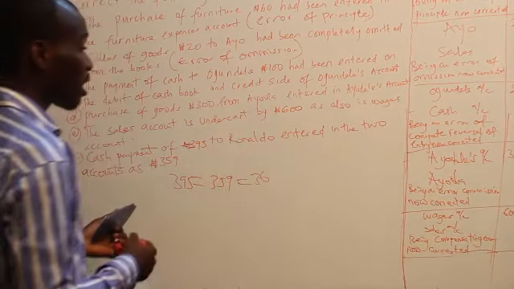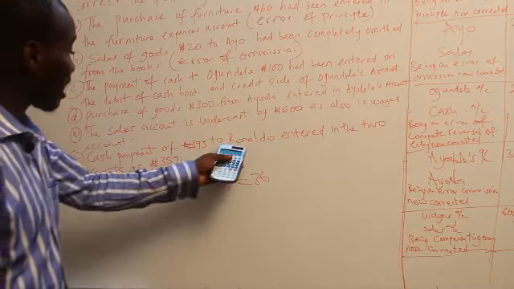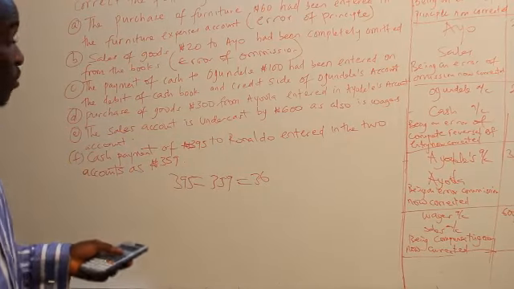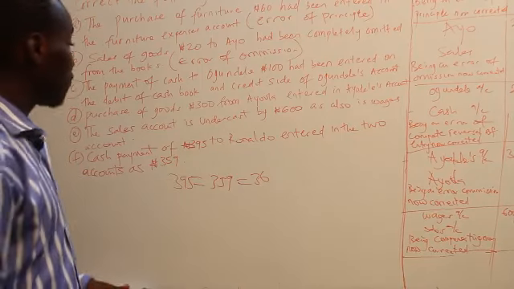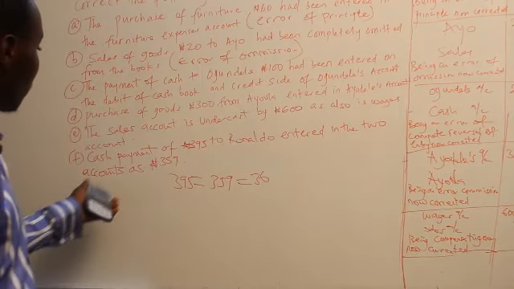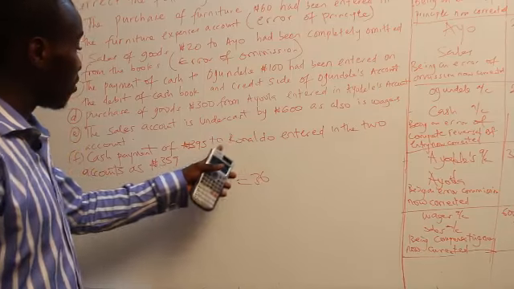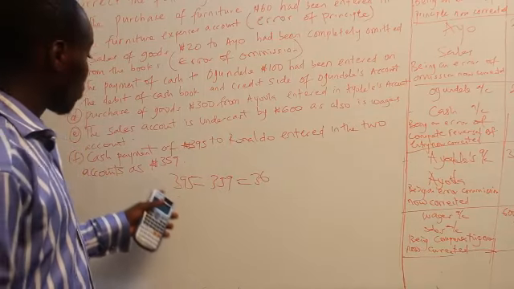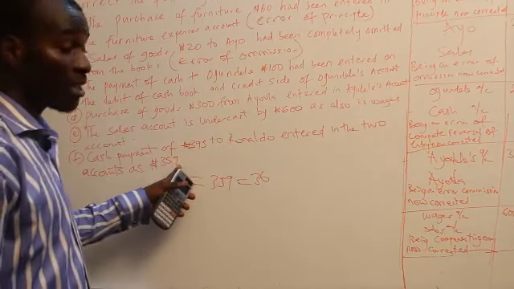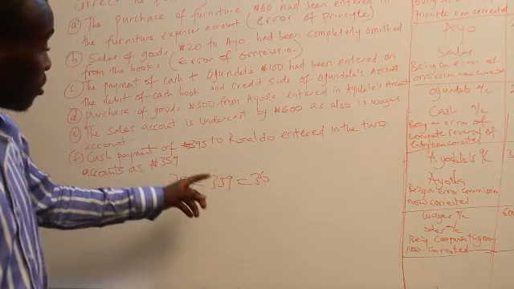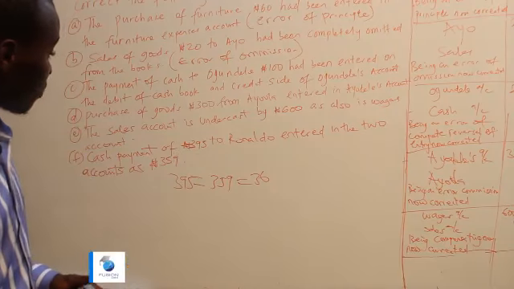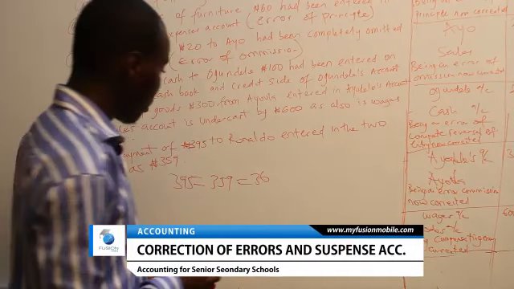So it means Ronaldo's account, which was wrongly entered as 359, has to be increased by 36 in order for us to have the original figure. Since Ronaldo's account should have been debited with 395 but was only debited with 359, we add 36 to the wrong balance to increase it to the original figure.